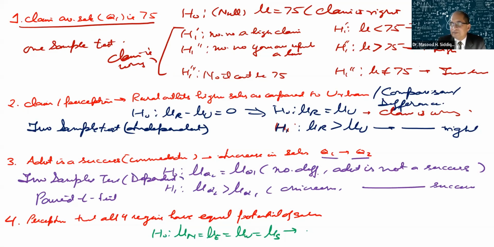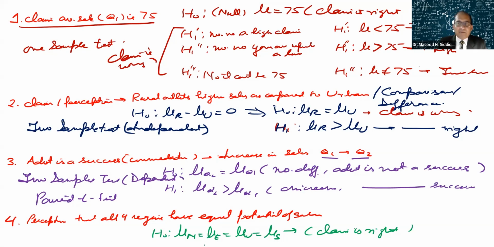Means the claim is that there is no difference. For H1, even if mu N and mu E, mu W are all different, then H naught won't hold. But even if mu N, mu E and mu W are the same, but mu S is different, then H naught cannot hold.